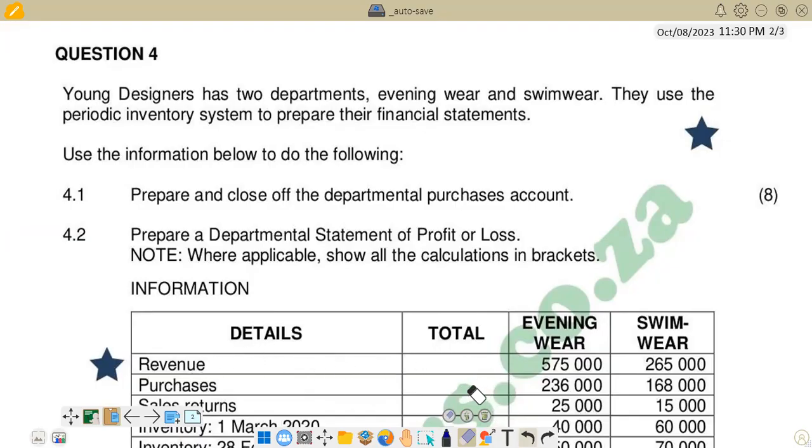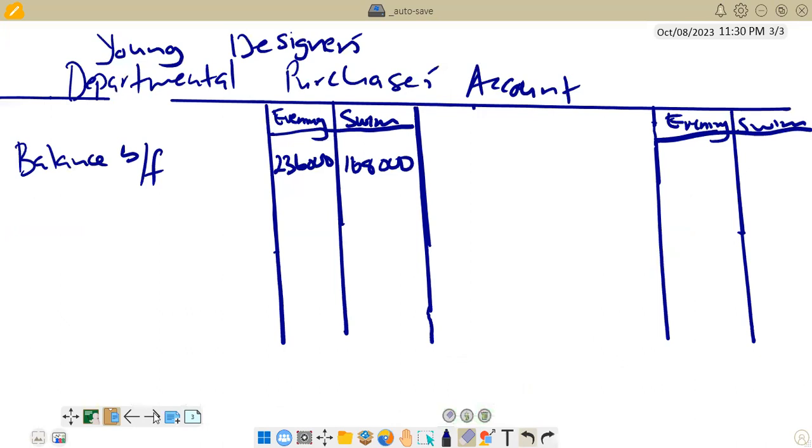So if you come here to our answer section, we have these balances: balance brought forward 236,000 and 168,000. These are the balances given in that list of balances.